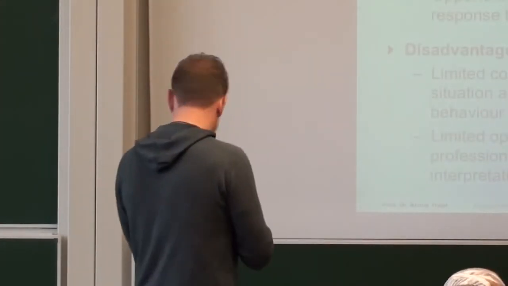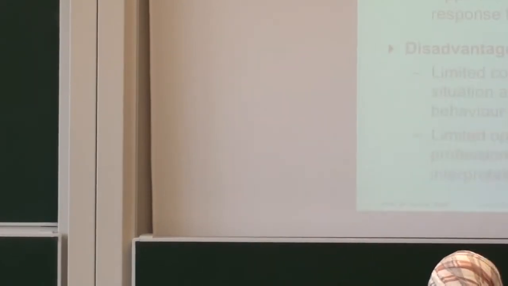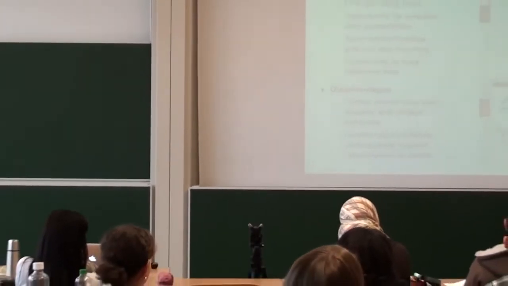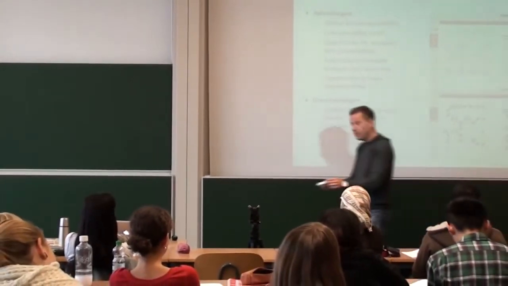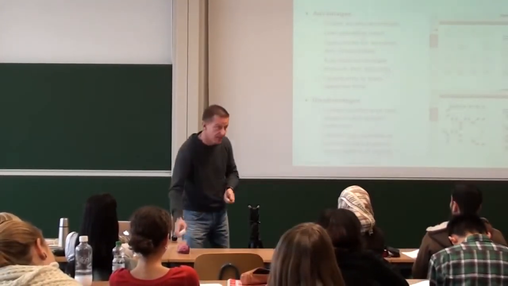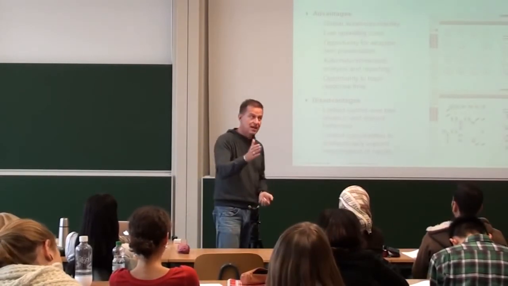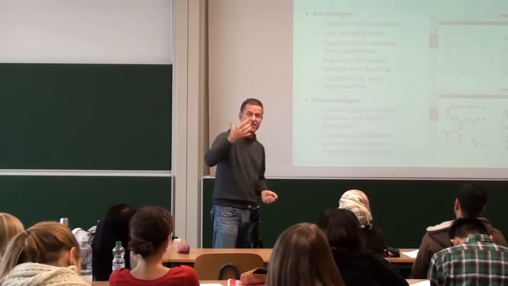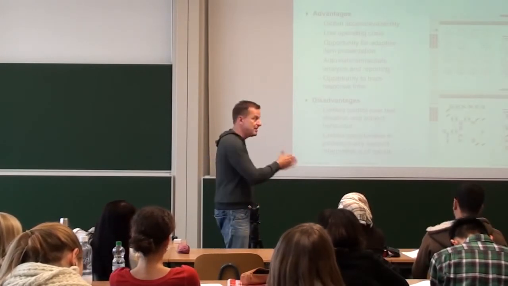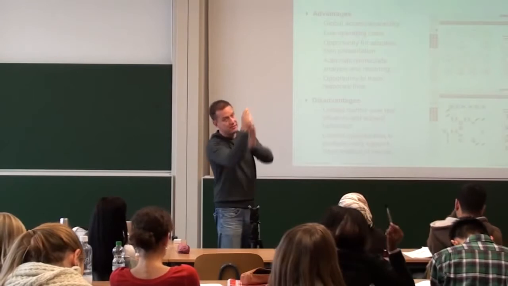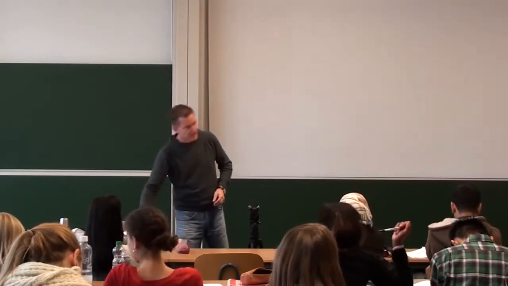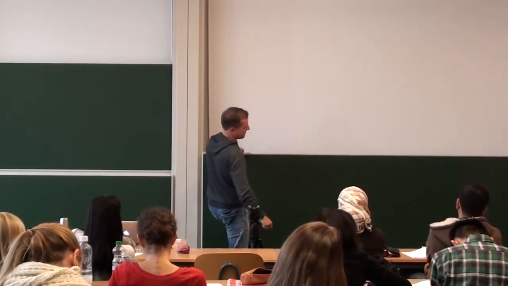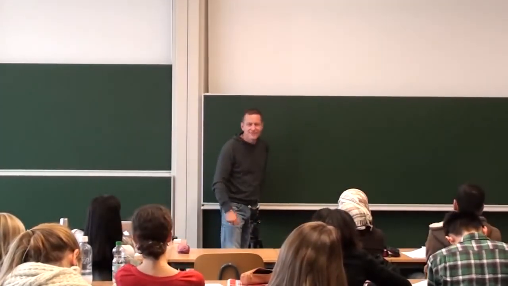For this, I need a chalk. Different items, as you have seen with the intelligence test, are different with regards to the difficulty. There are easy tasks and there are very difficult tasks, right? So we can measure the difficulty of different items.